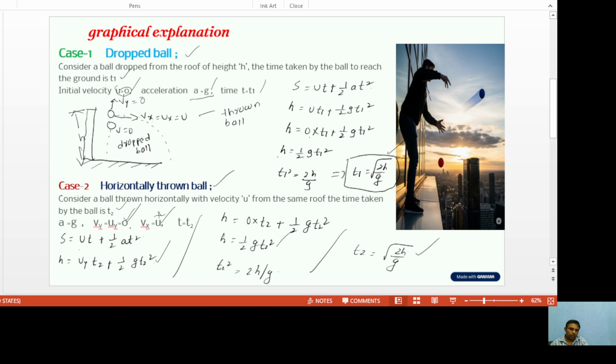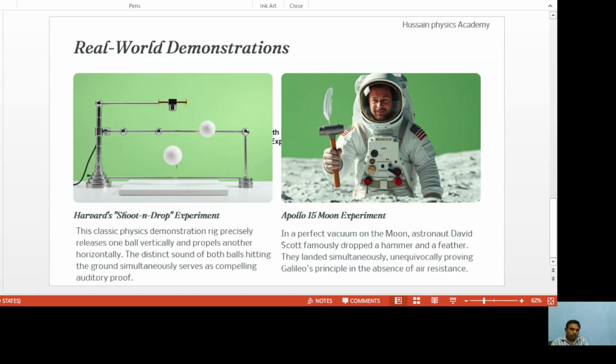Okay, so here two scientists are there. One scientist's name is Rick, the other is David Scott. Rick concluded that he released one ball horizontally and one ball vertically downward.